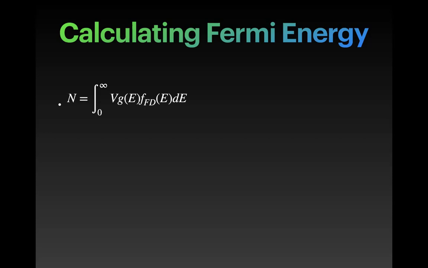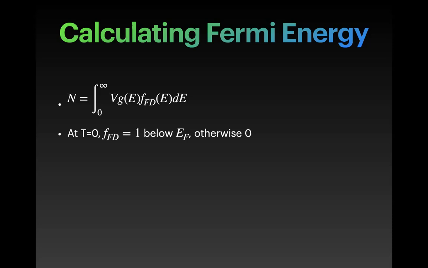We have these integrals, but this one's actually easier if we look at zero temperature, where the Fermi energy has its clearest meaning. At zero temperature, all the states below the Fermi energy are filled, and all the states above the Fermi energy are empty. The Fermi energy still has the same value at other temperatures, but this is where we can really understand the meaning.